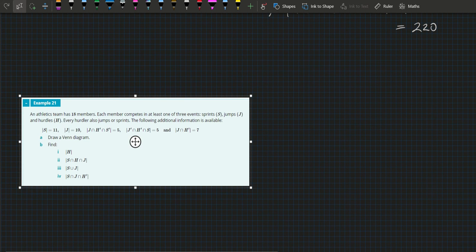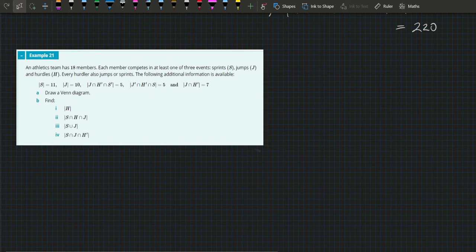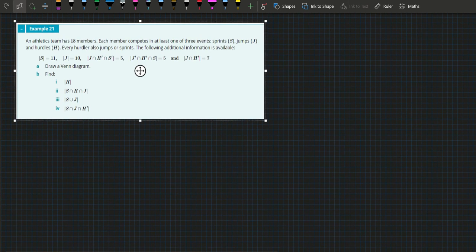Anyhow, let's do the last question. All right. So now we've got an athletics team. We've got 18 members. Each member competes in at least one of 3 events: sprints, jumps, and hurdles. Every hurdler also jumps or sprints.